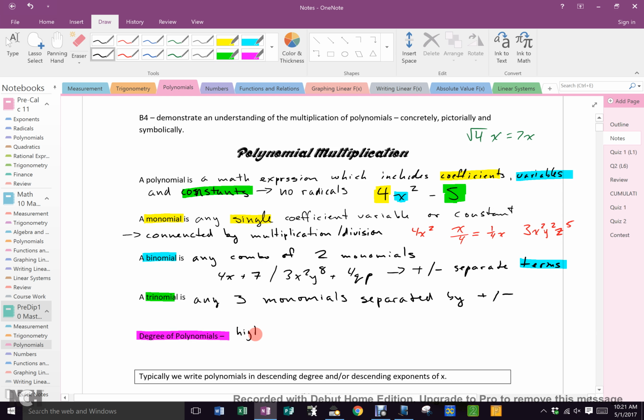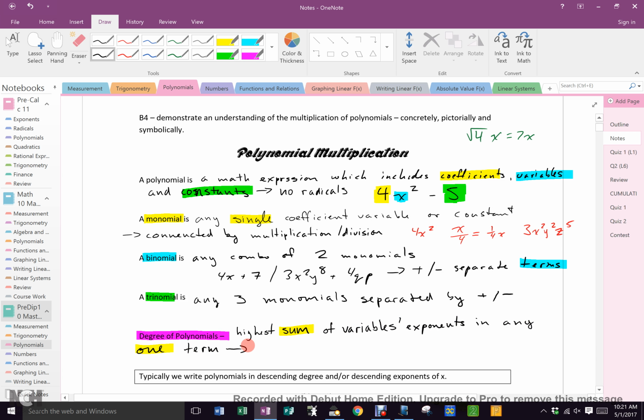The highest sum, please highlight the word sum, of variables' exponents in any one term.